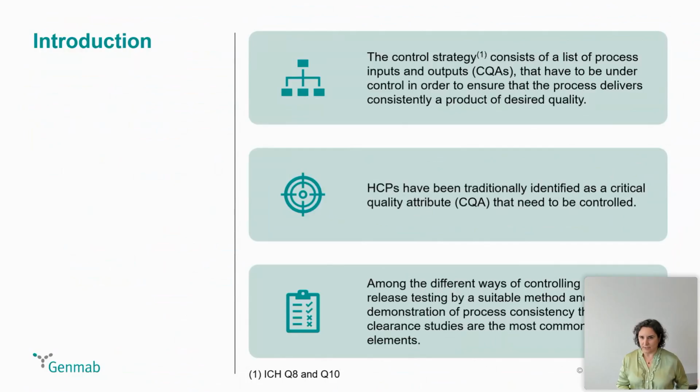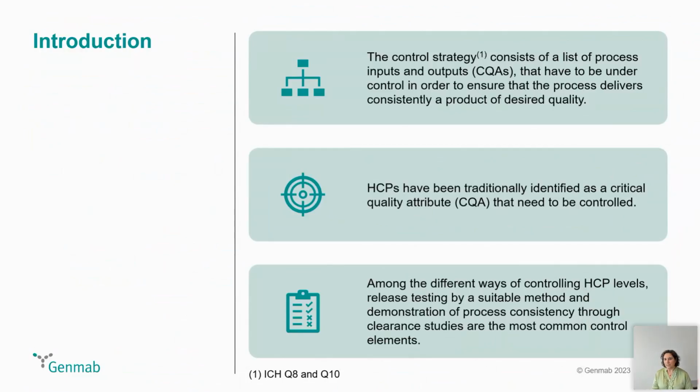The outputs are normally what we call CQAs or critical quality attributes, and these outputs need to be under control in order to ensure that the process delivers consistently a product of desired quality. So traditionally, HCPs have been identified as critical quality attributes that need to be controlled, and that's why we normally have a control strategy around HCPs.